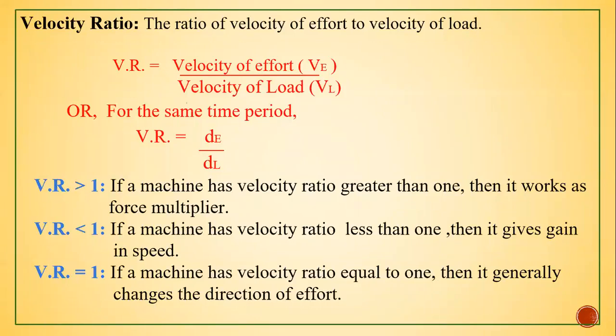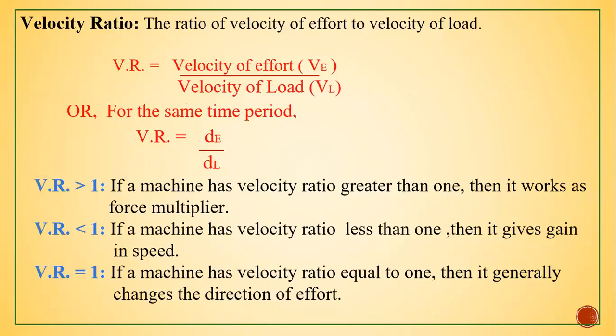If we find the ratio of velocity for a fixed time period, then our formula comes out to be velocity ratio is equal to dE over dL, where dE stands for displacement of effort and dL stands for displacement of load.